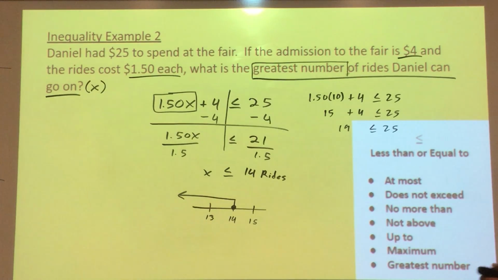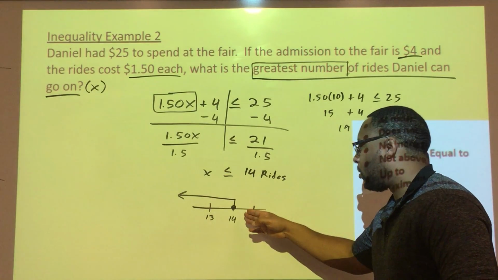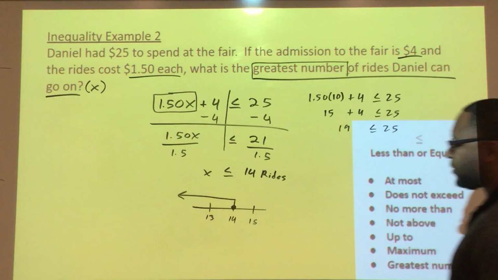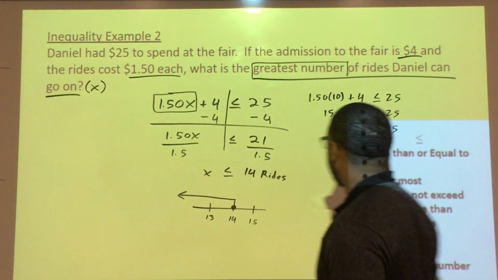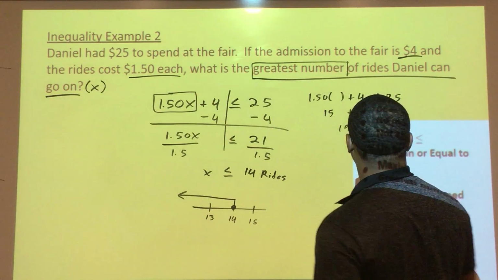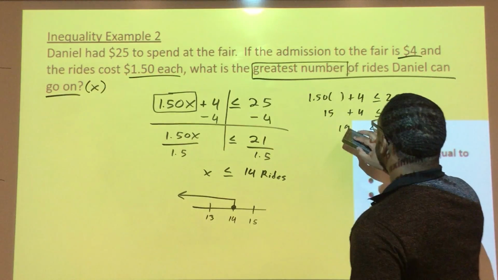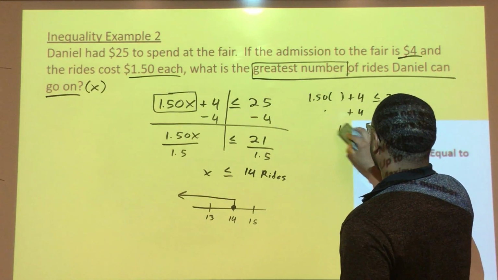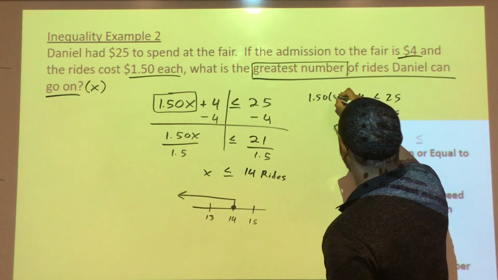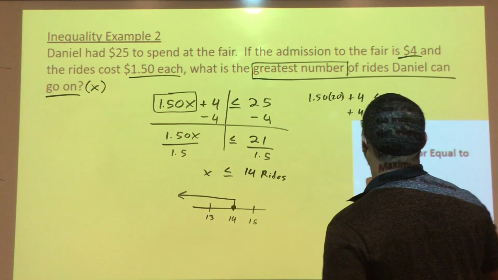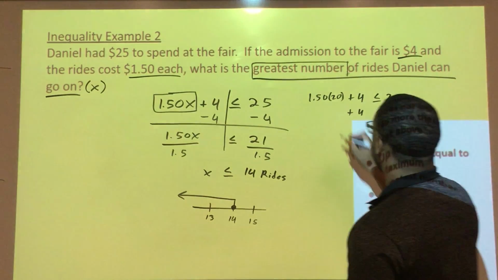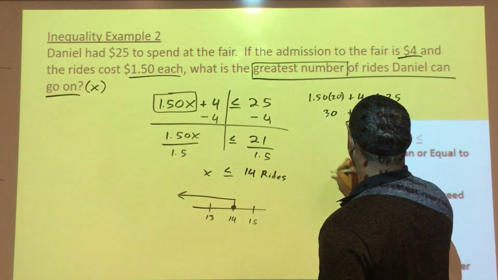Now, what is going to happen, do you think, when we plug in a number that's greater than 14? You guessed it right. The inequality will no longer be true. So let's think of a number that's greater than 14, and let's go with 20. See what we get. Let's plug in a 20. So 1.5 times 20, that gives us 30.